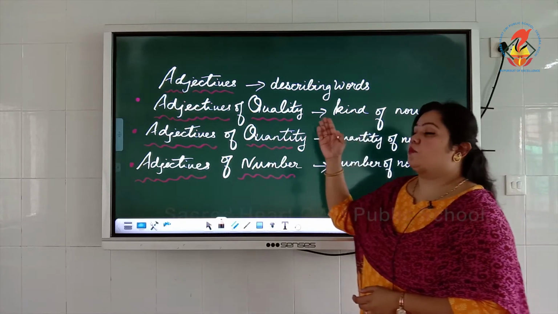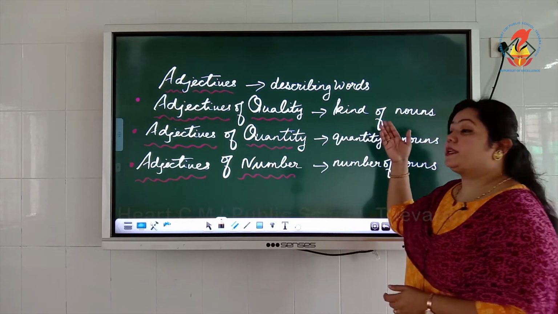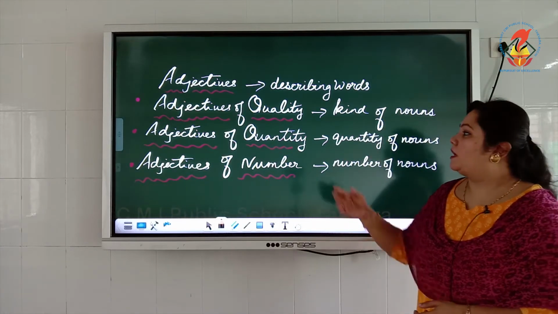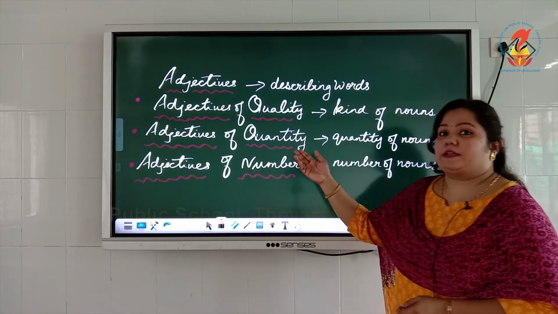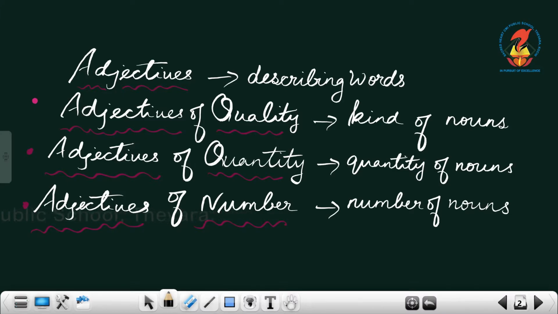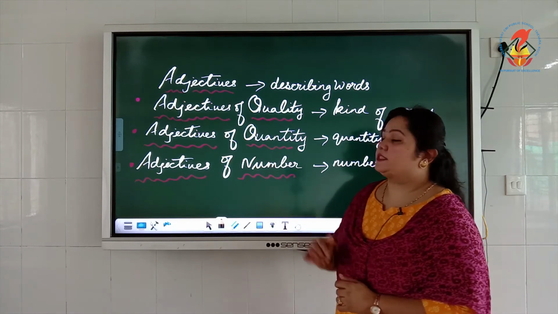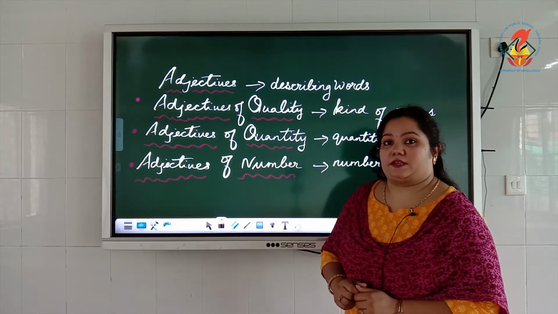Adjectives of quality tell us the kinds of noun, what kind of a noun is mentioned. Adjectives of quantity tell us the quantity of a noun in a sentence. And adjectives of number tell us the number of nouns in a particular sentence, right? These are the three kinds we learned in the previous class, right?